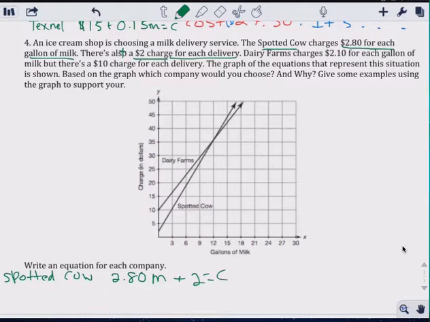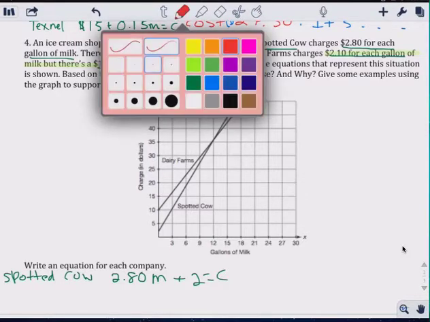Dairy Farm charges $2.10 for each gallon of milk, and there's a $10 service fee. Much more in delivery fee, but cheaper per gallon.